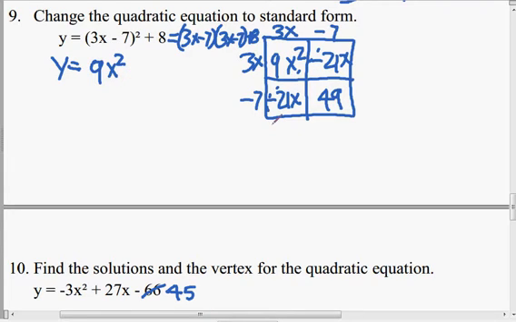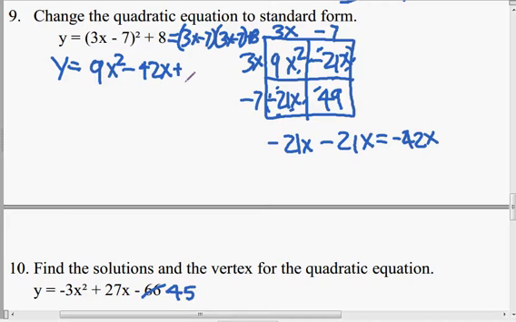And as I usually do, I'm going to add these. Negative 21x minus 21x gives me negative 42x, because I have to combine like terms. Minus 42x plus 49.